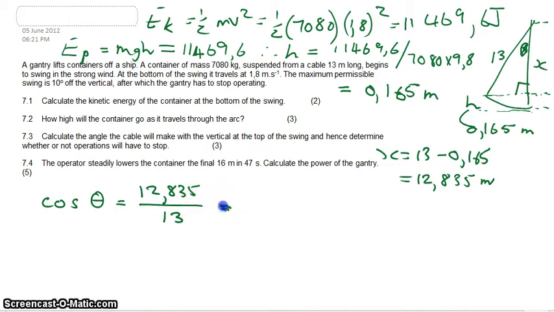So therefore, theta, when we take out our calculators and do shift cos, comes out to be 9,14 degrees. Gantry can operate.